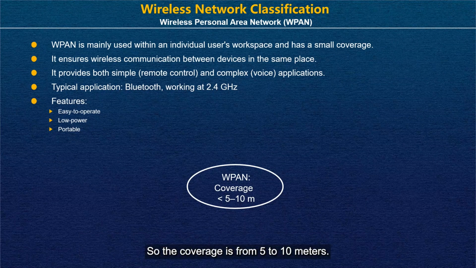So the coverage is from 5 to 10 meters, maybe. And the features are easy to operate, low power, and portable. It also works at 2.4 gigahertz. This is what we have mentioned in the last part. We said that it would cause interference, right?